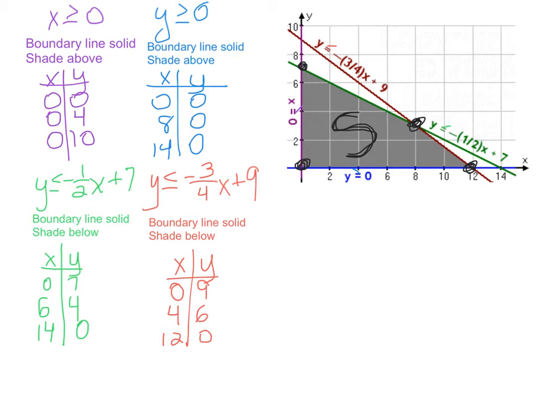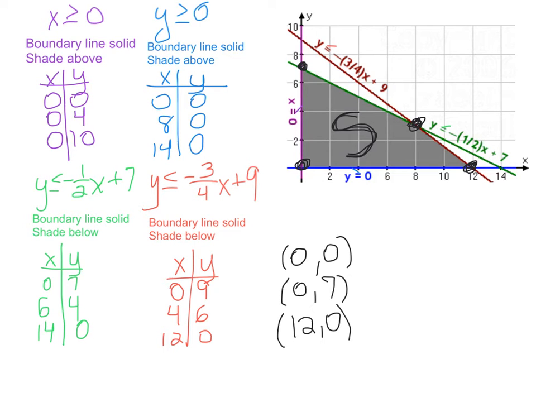Well, it's obvious that at the origin we have 0, 0. Here, we have actually on my table over here at 0, 7. Over here, again, we have on my table for our red inequality is 12, 0.